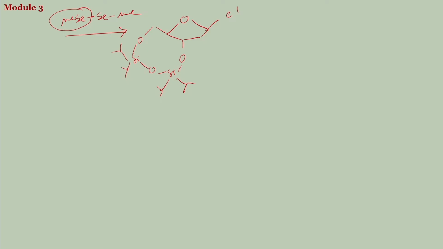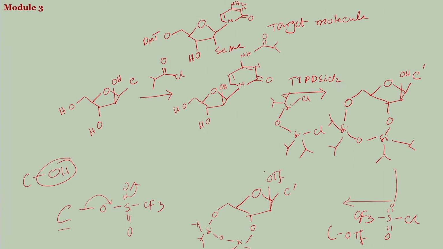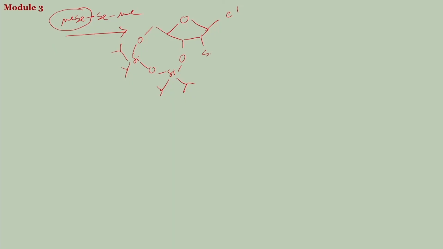So, if this is the nucleophile, that will attack this center, eliminating the triflate. And of course, since the OTf is up the plane, the nucleophile has to attack from down the plane. It is a pure SN2 reaction. So, therefore, your OAc comes down the plane as your target is.